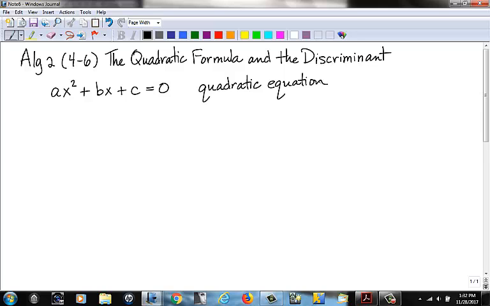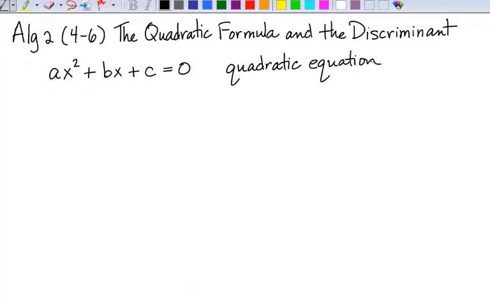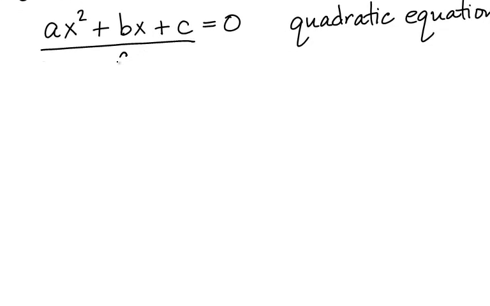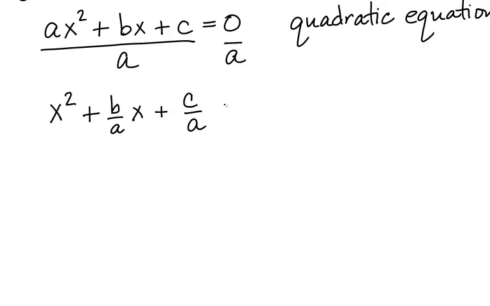So if we were in this form and we completed the square, just like what you did on today's assignment, you would divide by a on both sides. Okay? And we're going to do it in terms of the variables instead of numbers. That a divides into each term, so you'd have x squared plus b over a x plus c over a equals 0.